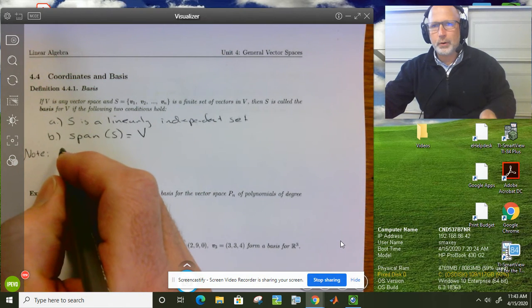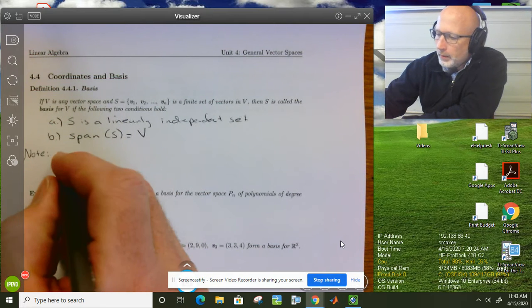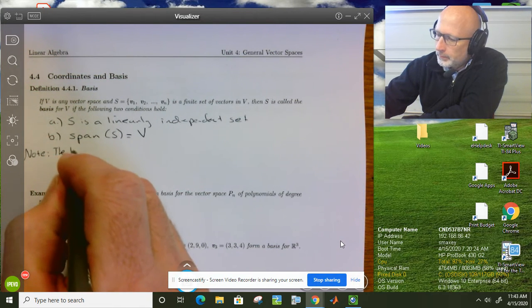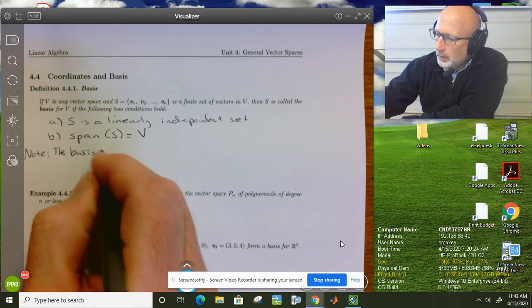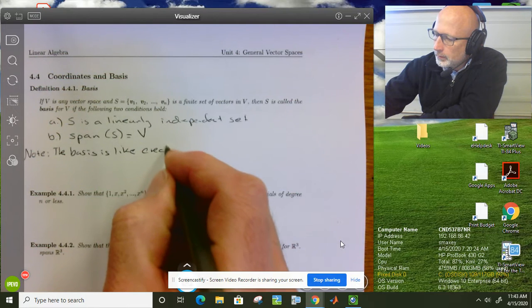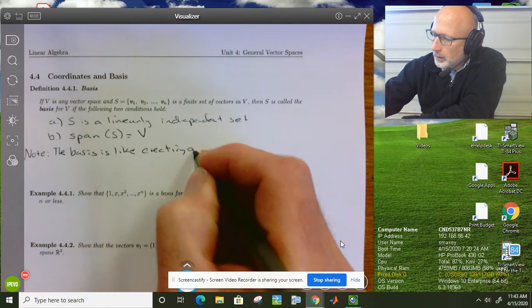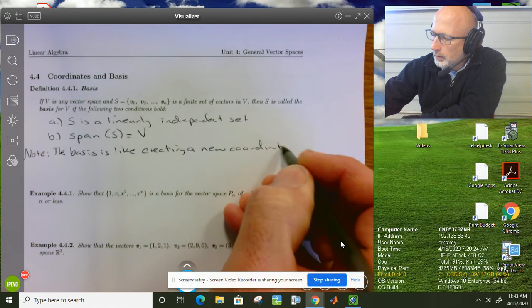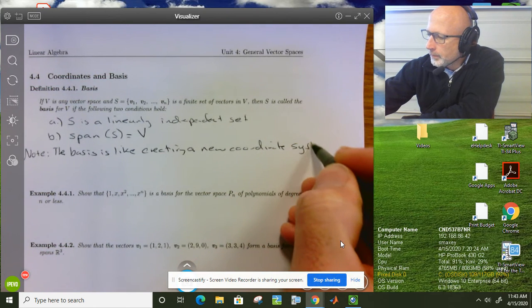On a side note, the basis is like creating a whole new coordinate system.